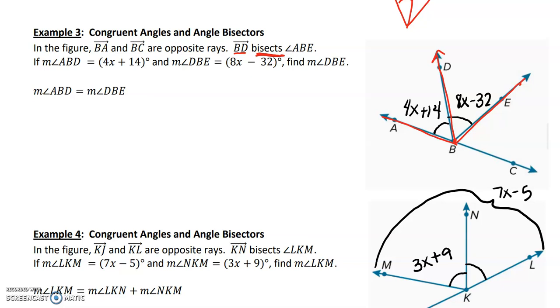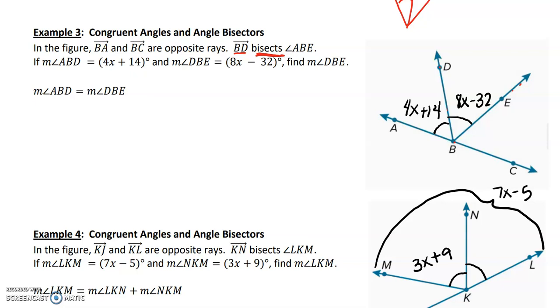So that means that it's going to cut it into two congruent angles, which is why I put an arc mark here and an arc mark there to represent that this and this are equal or the same. So then we want to label, if it wasn't already labeled for you, A, B, D, putting that in there, and D, B, E, putting the 8x minus 32 there.